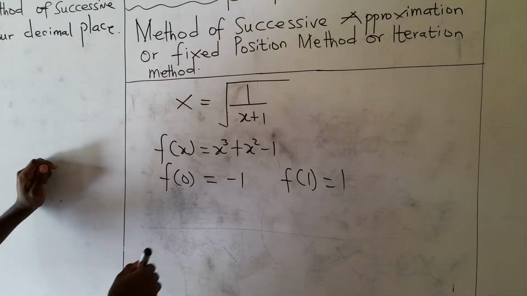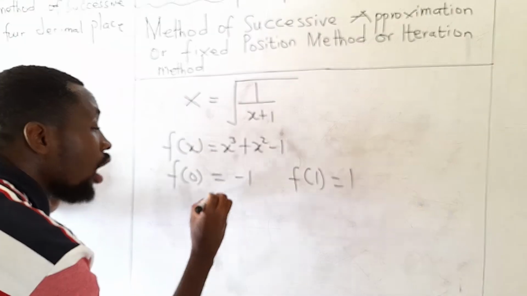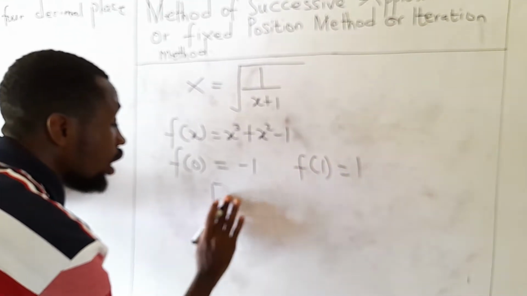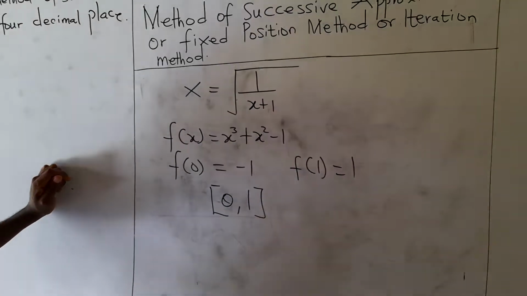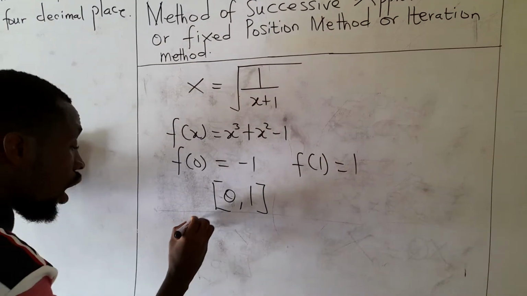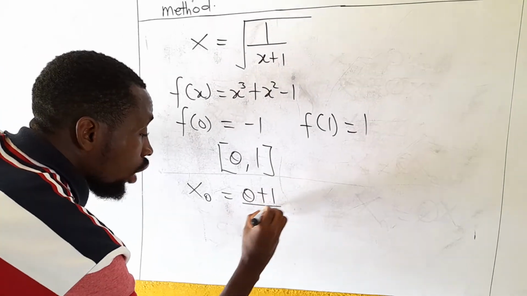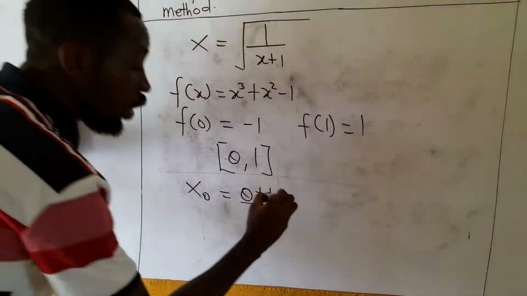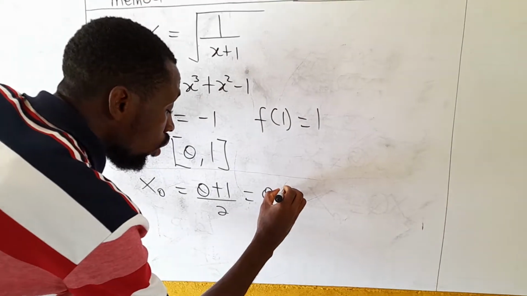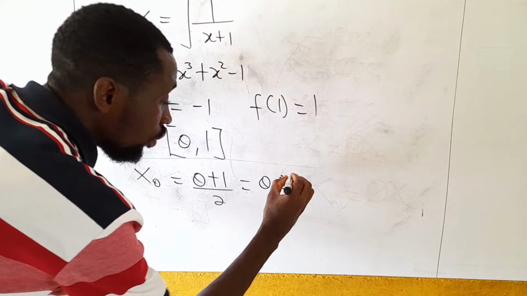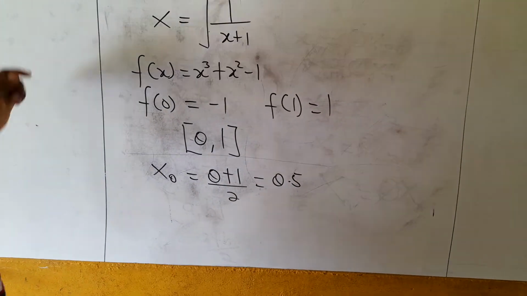This implies that at least a root exists within the closed interval 0, 1. So we find our x naught. Our x naught will be equal to 0 plus 1 divided by 2, that's finding the average of the interval or halving the interval. That will be 1 over 2, which is 0.5.